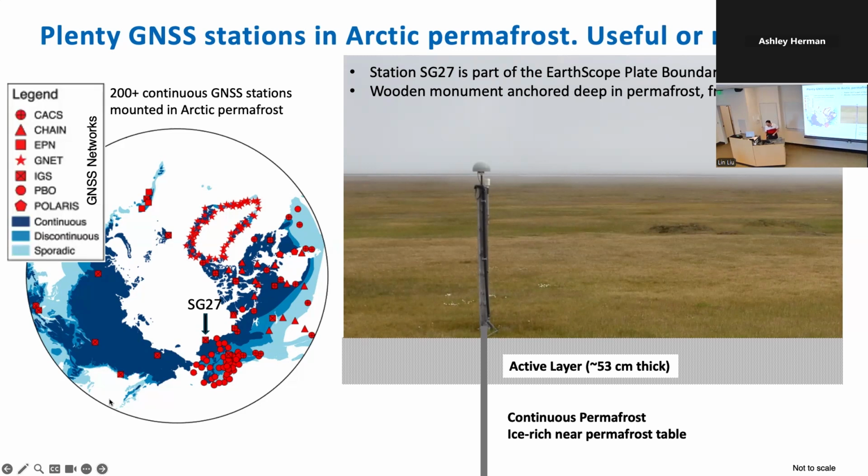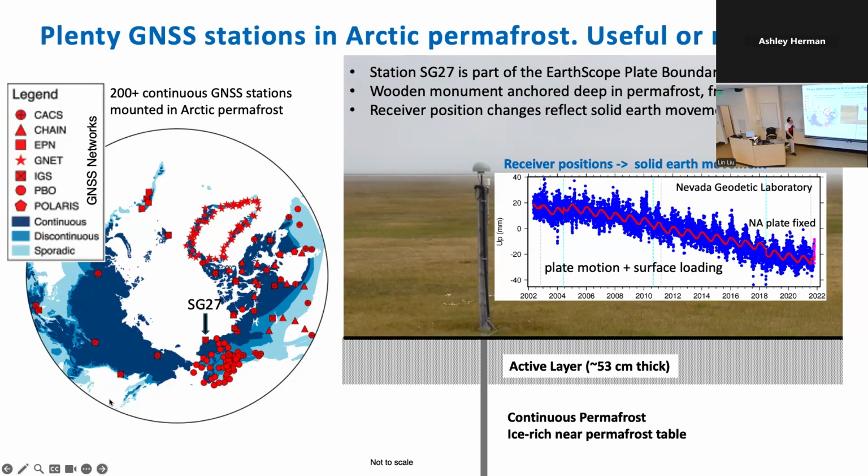Okay, so we want to see whether this is useful. Now this is what typical GPS will give you. What's shown here is how the position of this receiver changes in the vertical direction. Of course, it can have horizontal components too, but I'm showing only the vertical component, in a range of plus or minus 20 millimeters. This is produced by the Nevada Geodetic Laboratory.